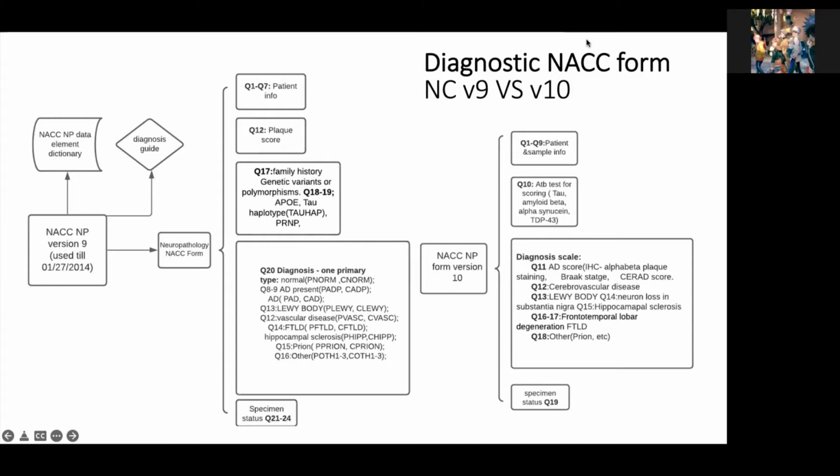When I read about those forms, I personally like version 10, which is the newer version, and what they currently use follows the AD score based on immunohistochemistry tests, and then different degenerative neural diseases are classified in a clear way, compared to form 9.